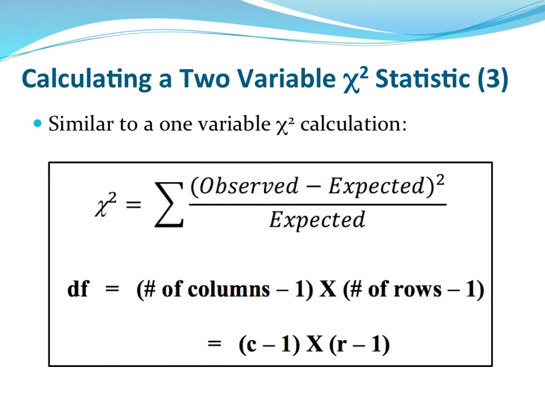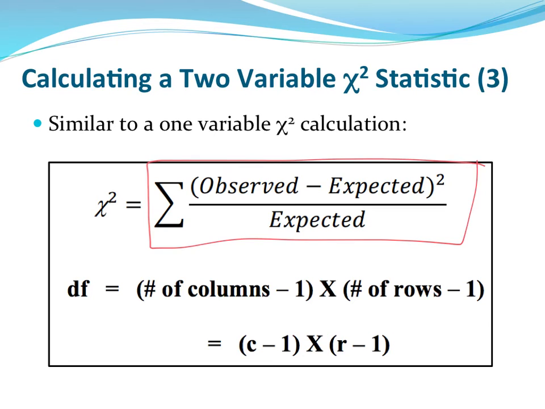Once we find our expected frequencies, the actual calculation of our two-variable chi-squared statistic is going to be the same as our one-variable chi-squared statistic, which is the sum of the observed frequencies minus the expected frequencies squared divided by the expected frequencies. Our degrees of freedom in our two-variable chi-square test is going to be different than in our one-variable chi-square test.